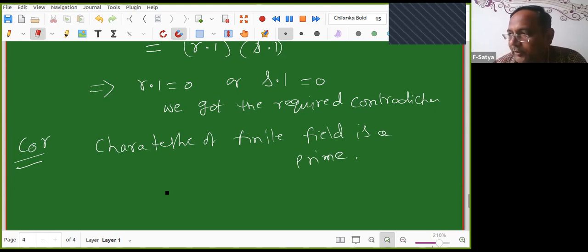That is, n into a equal to 0 for every a. So in particular, n into 1 is also 0. A field contains at least two elements, 0 and 1. So we have a prime. I'm telling each and every part, so if you go to an interview and you say this, we need to give the answer. Any questions?